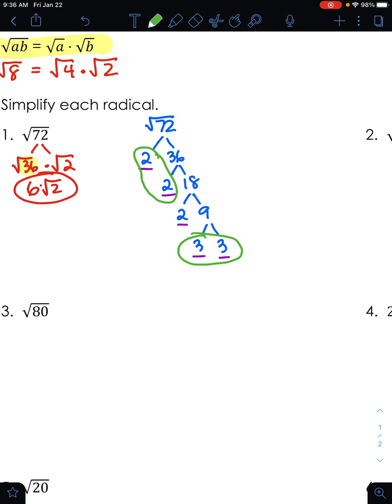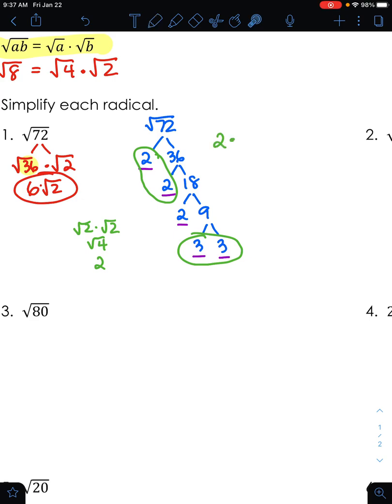Remember, these are all under the radical. So if I have the square root of 2 times another square root of 2, you have the square root of 4, which is really 2. So when I have a pair of numbers, taking the square root of both of these 2s is just going to represent 2.